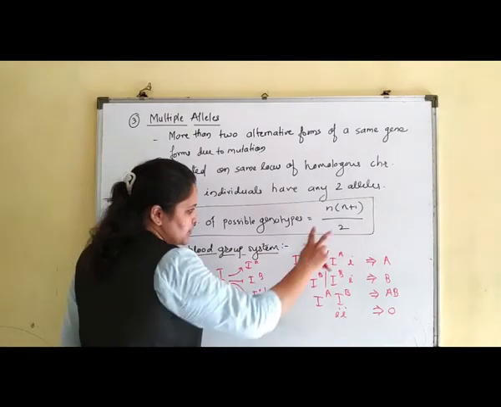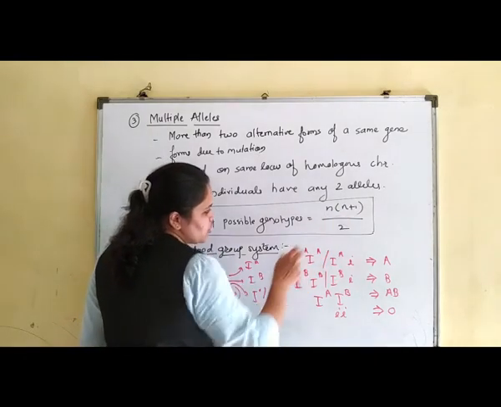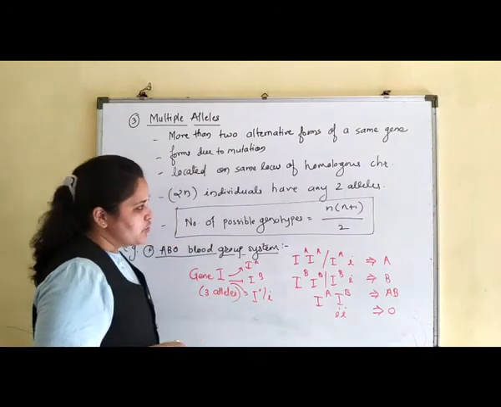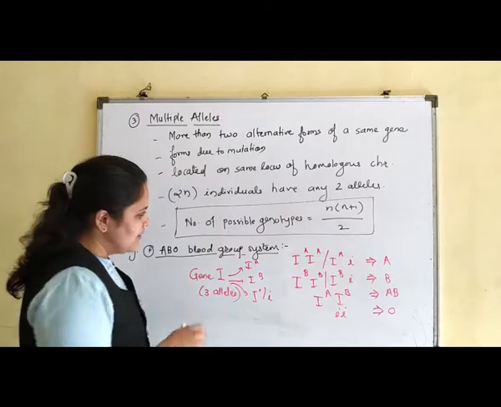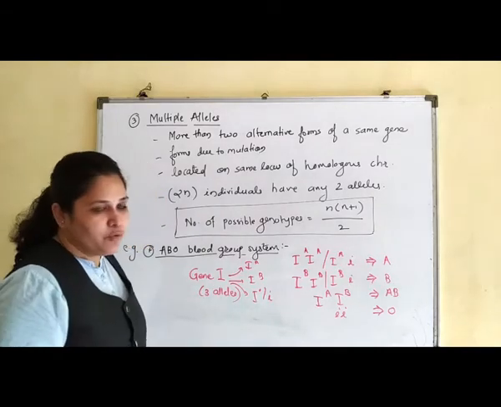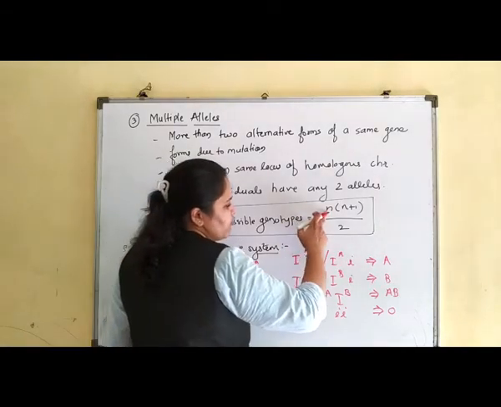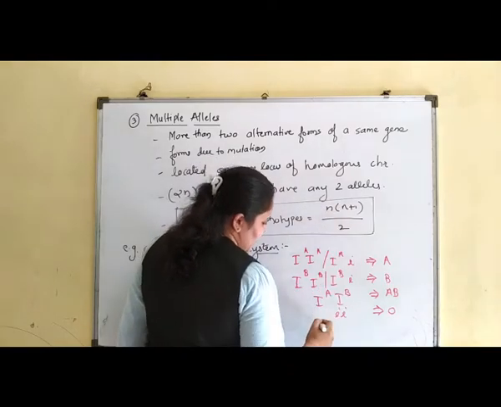Fine. If we put this information here, we will also see that as many alleles as there are, so here how many alleles are there? 3 alleles are there. If we put 3 over here, we will get 6.